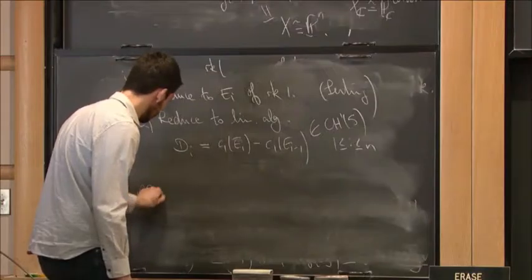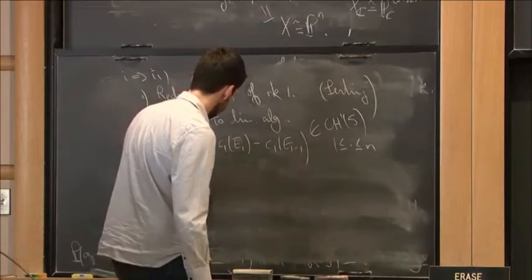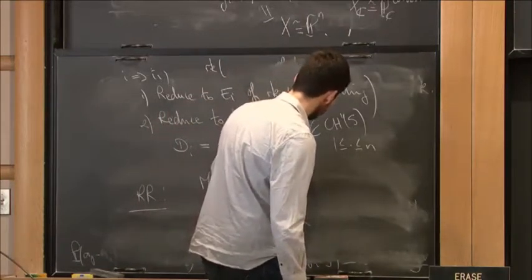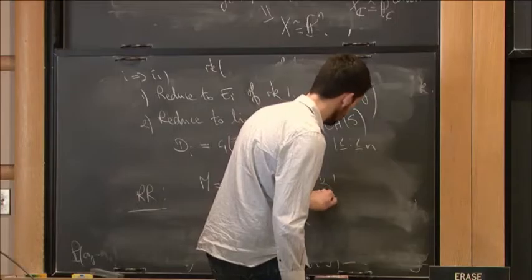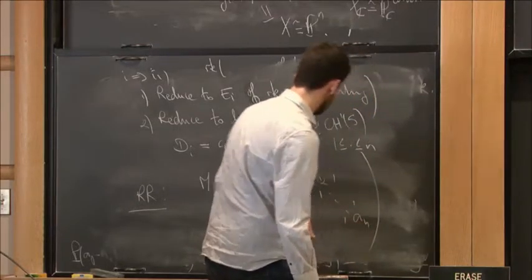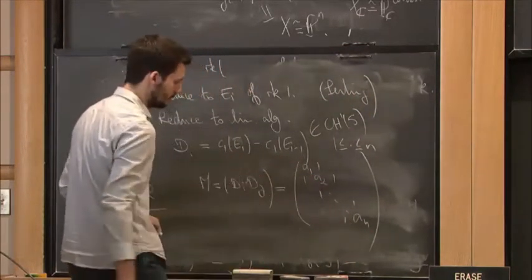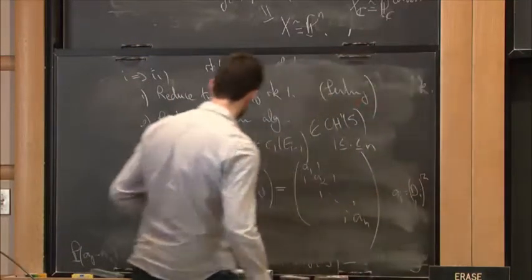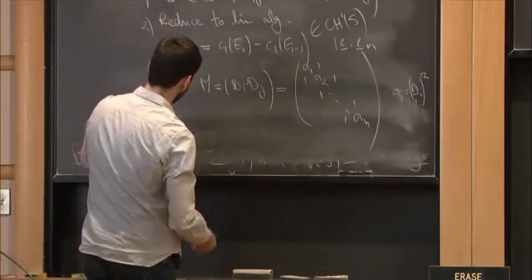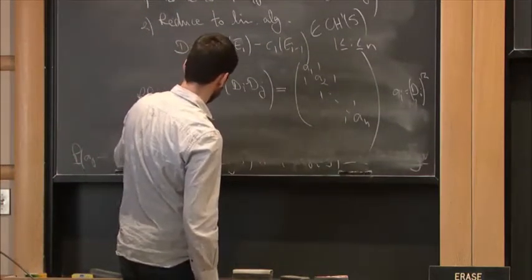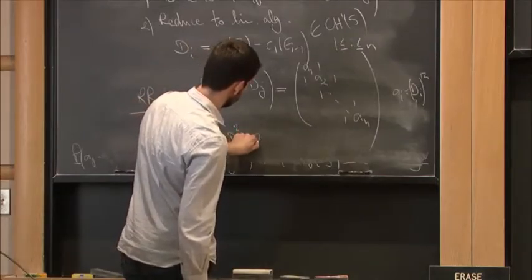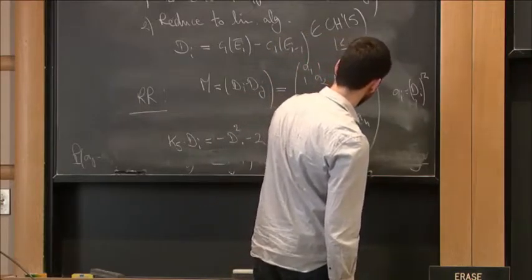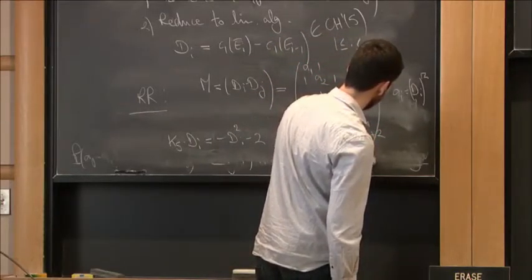By Riemann-Roch, what you find is the intersection matrix. It is tridiagonal, and of course a_i is just D_i squared. You also find that K_S.D_i is minus D_i squared minus 2. So you find that K_S is minus (1/(n+1)) times the sum of (a_1+2) up to (a_n+2) weighted terms.